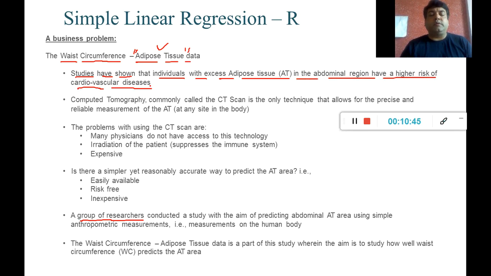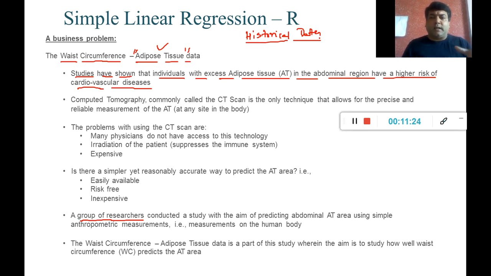And normally you see the stomach or the abdominal region will be enlarged quite a bit, and so they wanted to understand, if we have historical data, meaning samples taken from a few people, maybe 100, 200, 500, 1000 people, and they have checked how much adipose tissue, AT, is there in their abdominal region.